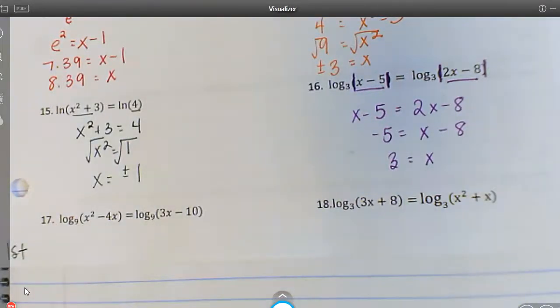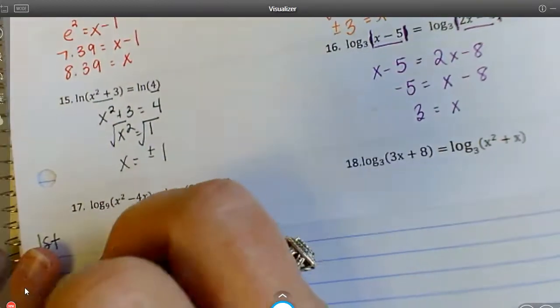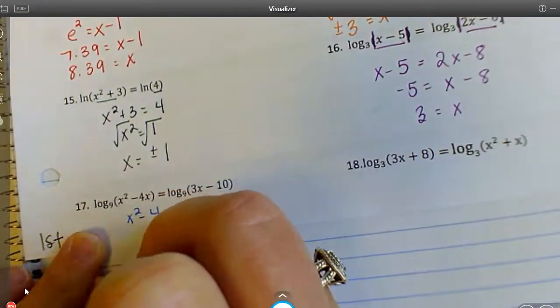Number 17. Similar kind of question again. We have log of something equals log of something. And we can just say that the two things are equal.